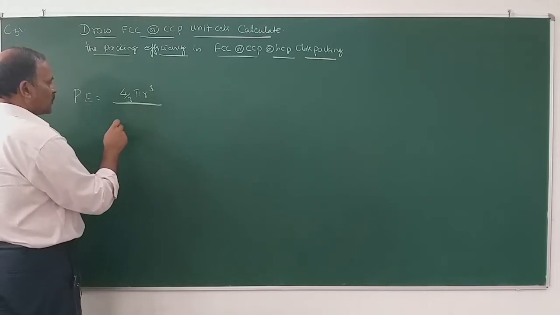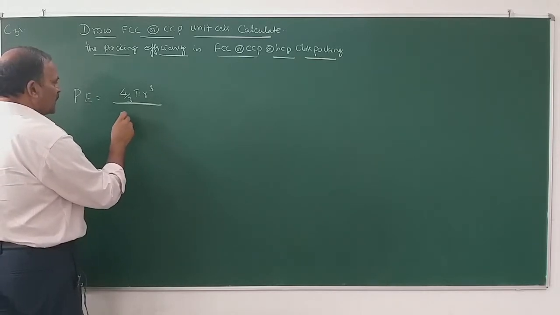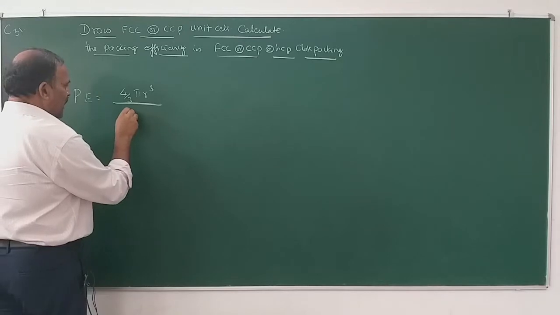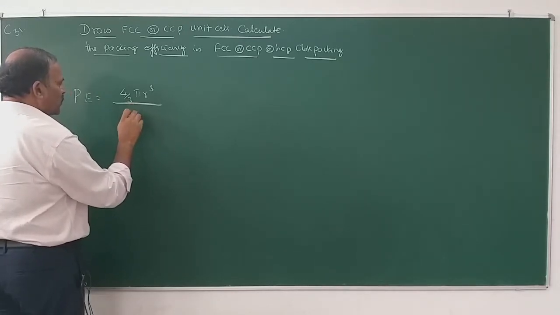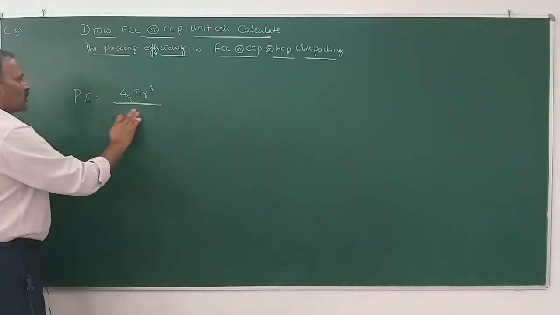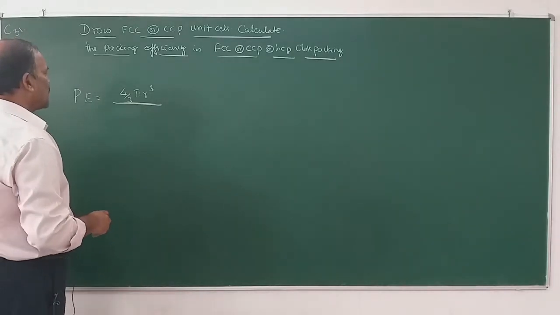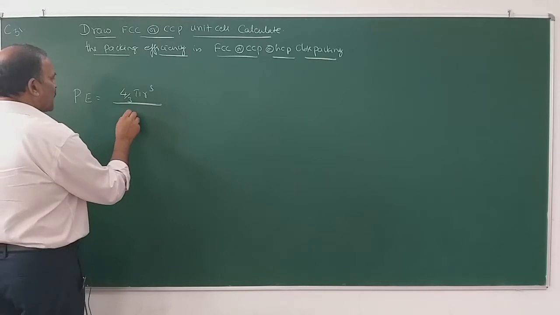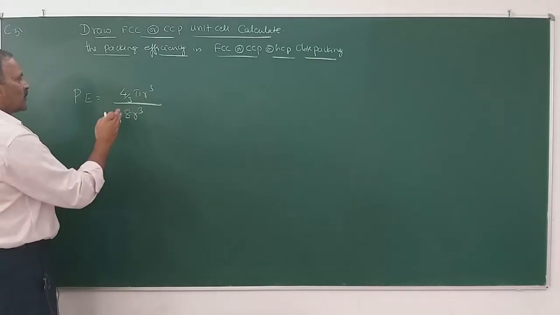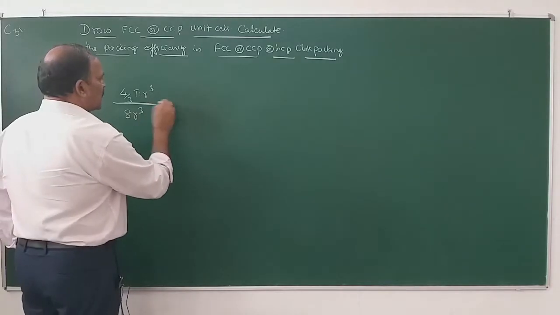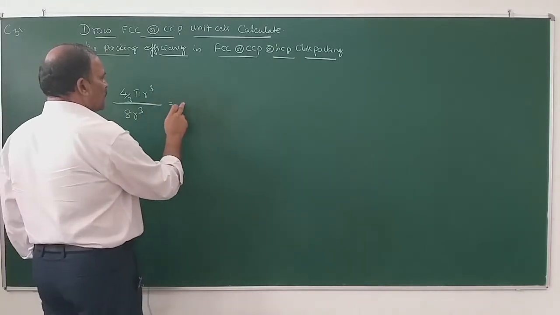What is the total volume of the unit cell? That is 8 r cube. So, 4 by 3 pi r cube divided by 8 r cube. If you simplify this, I had told you to write 54%.